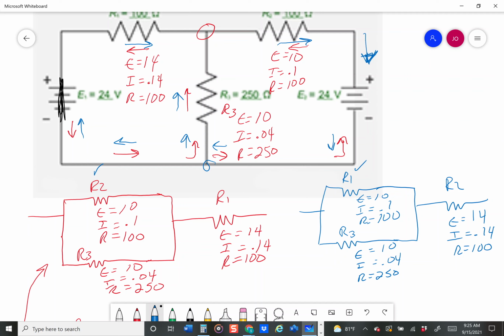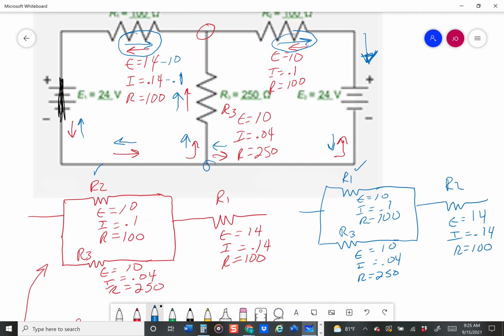So now I'm going to move my numbers up here to R1, where I've got 10 volts and 0.1 amps, and these two current flows are in opposite directions, so that means I have to subtract them. So minus 10 and minus 0.1. For R2, you see those arrows go in different directions, so those are subtractive.